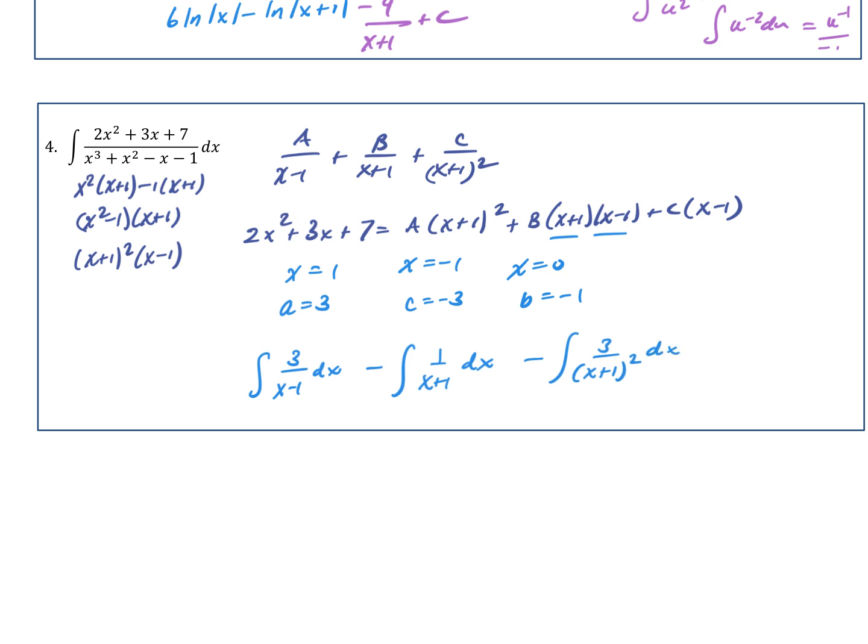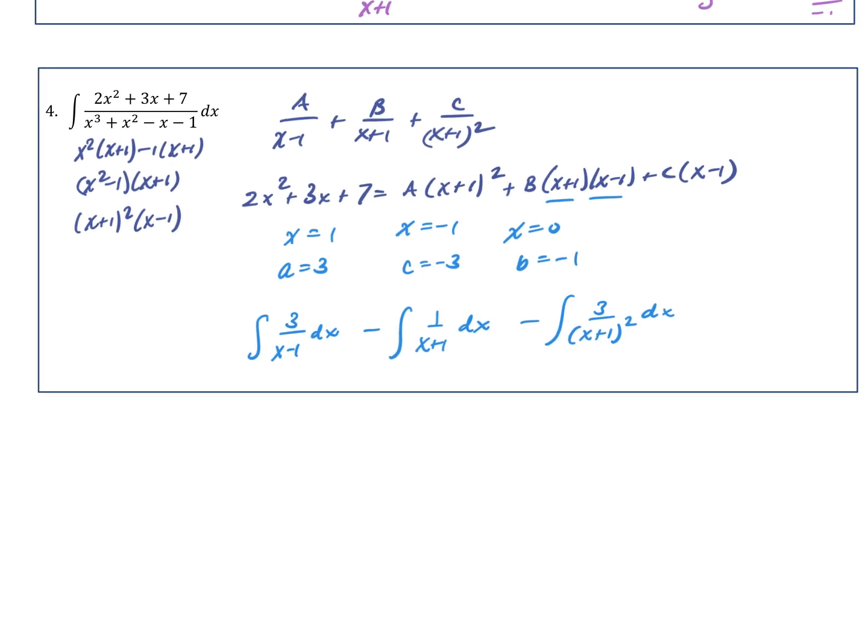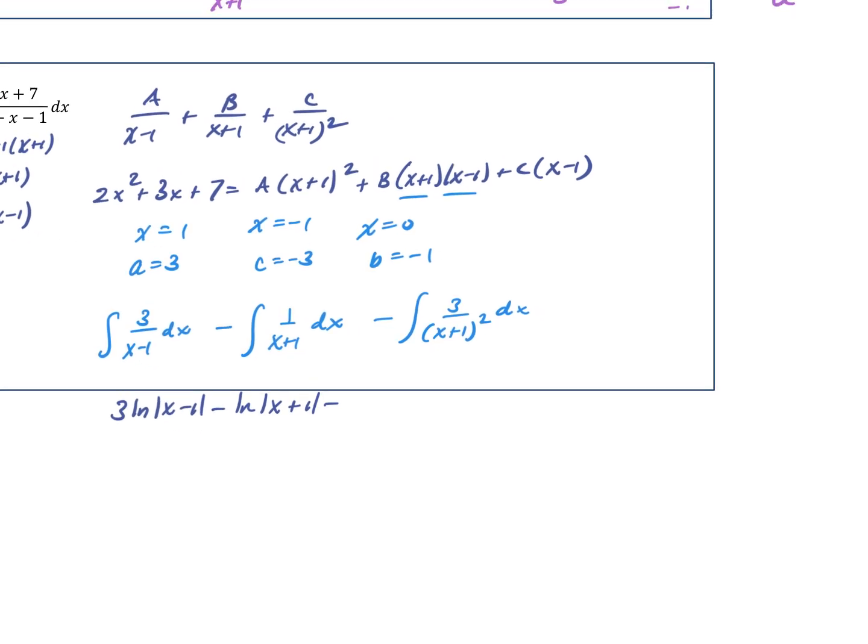So again, same case as before. We're going to have ln, and then a u sub at the end here. So I've got 3 ln of x minus 1 minus ln of x plus 1, and then let me do this off to the side. So u is x plus 1, so du is dx.